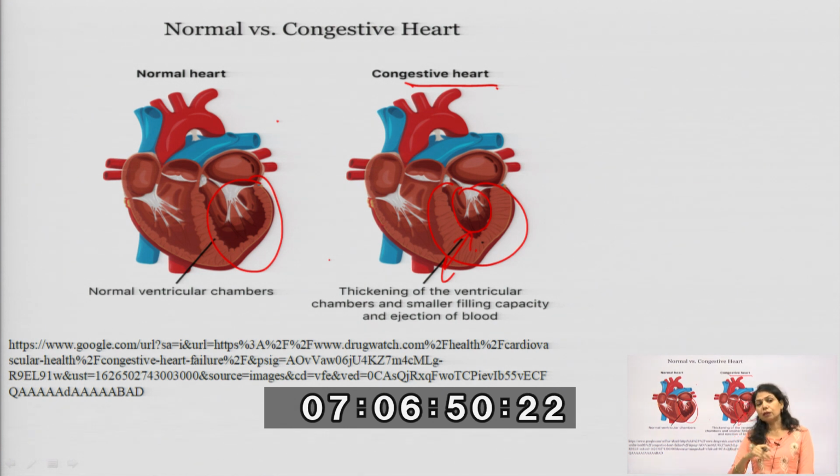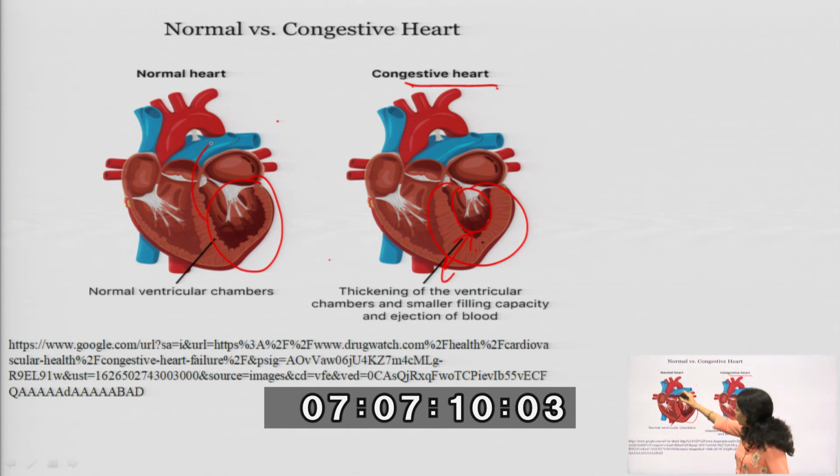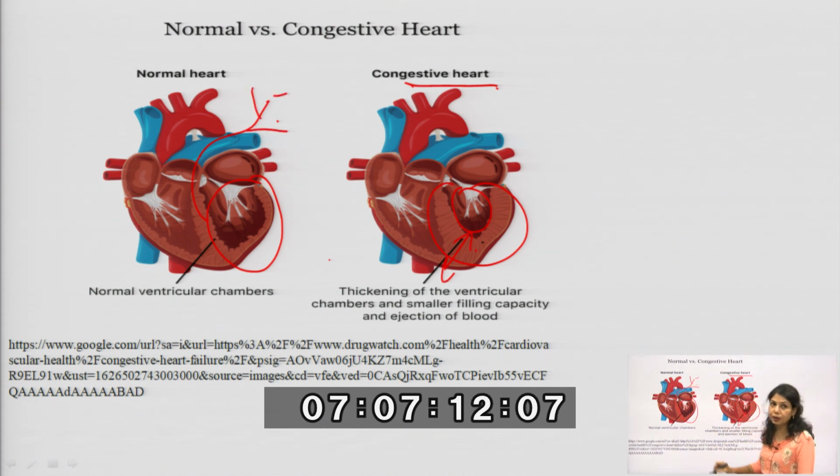When the blood is not able to be ejected out to the body, the demand of the body is not sufficiently supplied. You can easily see in this diagram how the normal ventricles function, with normal blood filling and supply through the aorta to the whole body.